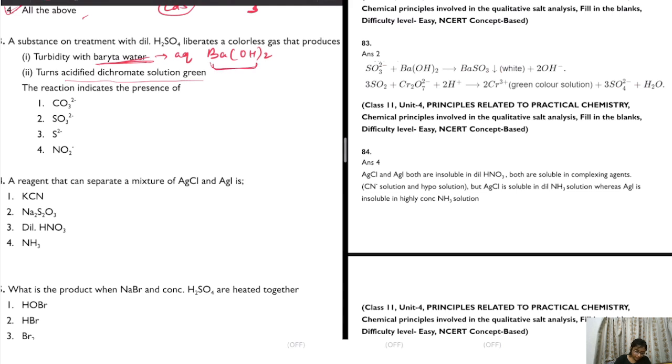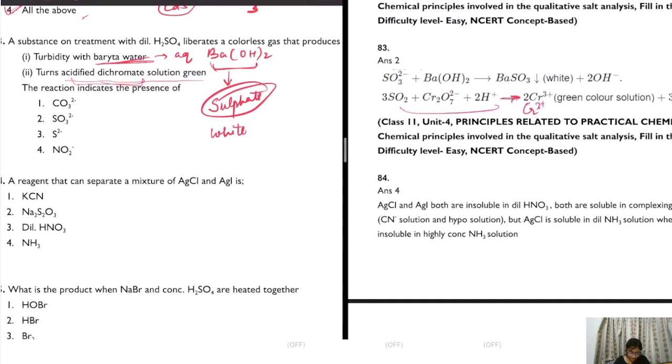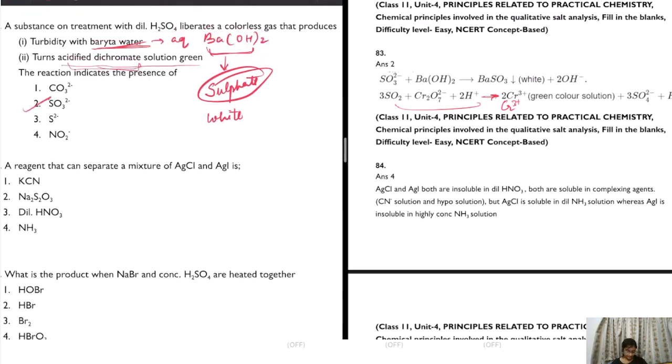You know that for this test it is called sulfate ions. So it will form a white precipitate. And to turn the acidified dichromate solution green, see, this is the reaction which is then oxidized to Cr3+, which gives green coloration. So all this is because of sulfate, or we can say also because of sulfide ions.